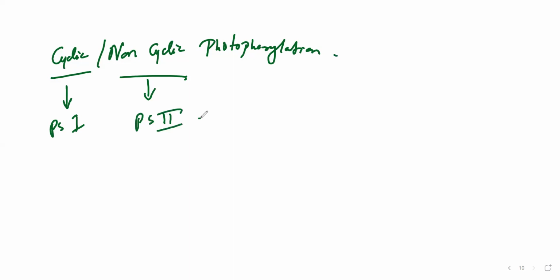Fine. And the important step over here is the splitting of the water molecule. So here you should know the difference between cyclic and non-cyclic photophosphorylation. So what is the difference between cyclic and non-cyclic?